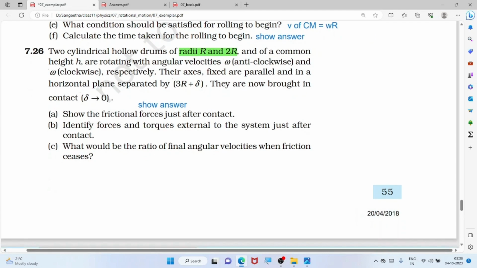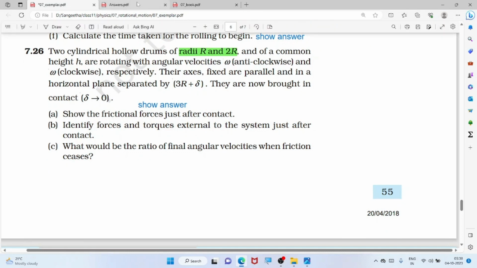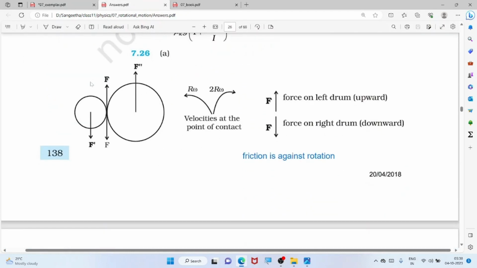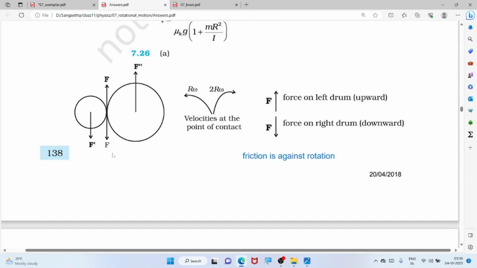Now consider the frictional forces just after the contact. Friction is against the direction of the rotation. The small drum is rotating anti-clockwise, so the friction will be opposite for the left drum.